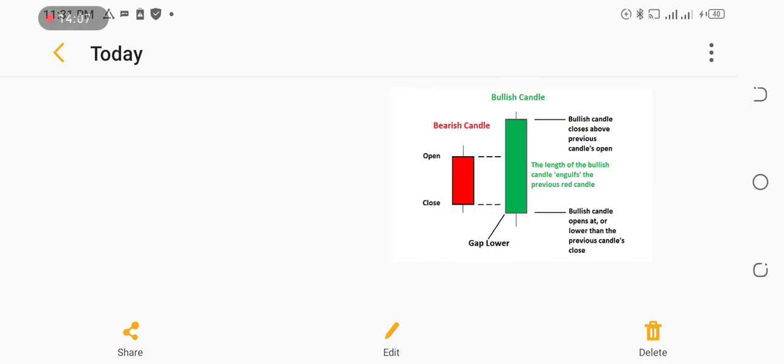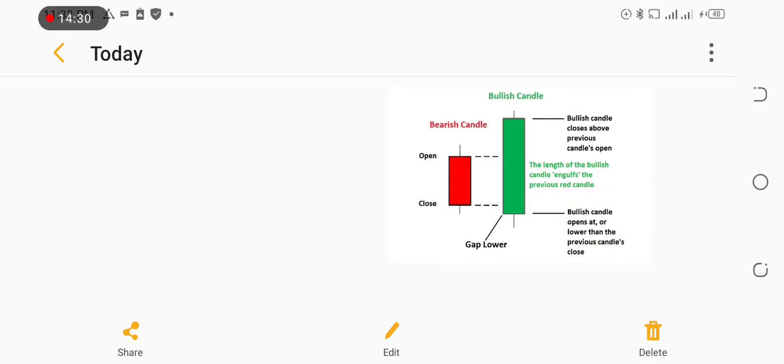You only trade it at an important level in the market. You don't just trade candlesticks in any part of the market. You trade it at important zones where you already know that either I'm buying or I'm selling at this zone. That is where you now apply candlestick confirmation. The bullish candlestick confirmation is also important in the market.